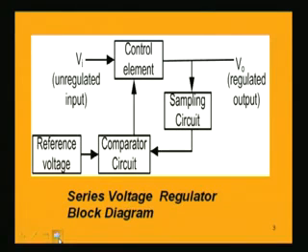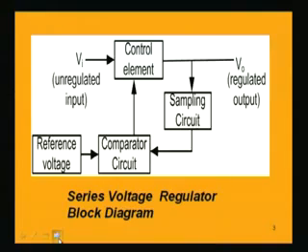Before going into exactly discussing the different circuit components in the regulator circuit, let us in general take the block diagram form of representation of a voltage regulator circuit. And there are two classes of voltage regulator circuit. One is the series voltage regulator circuit and the other is the shunt voltage regulator circuit.